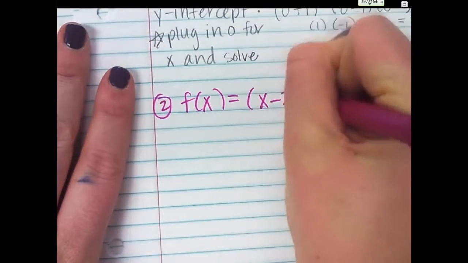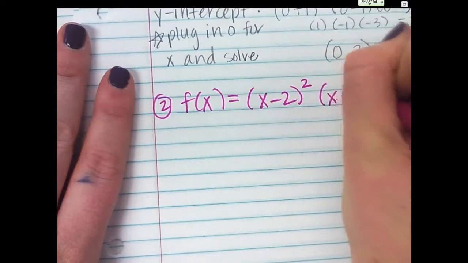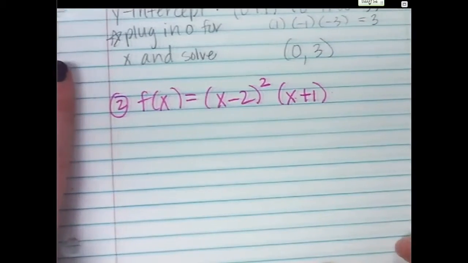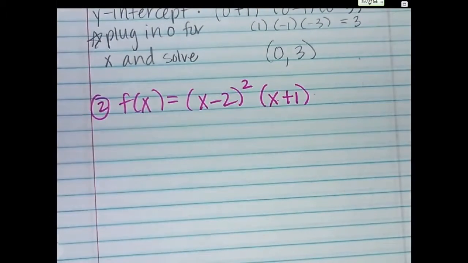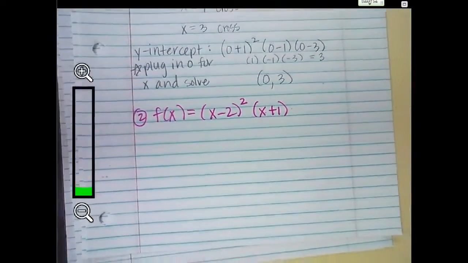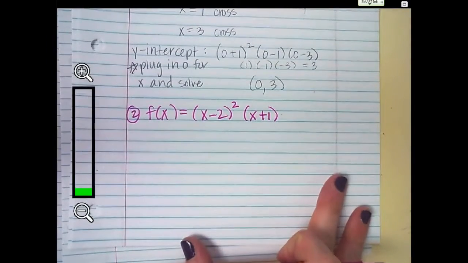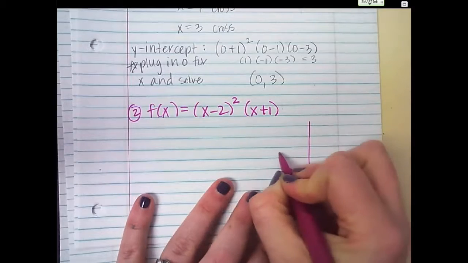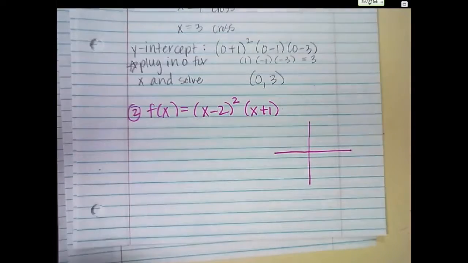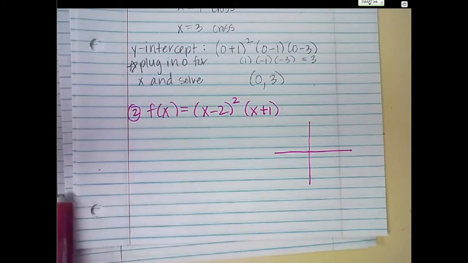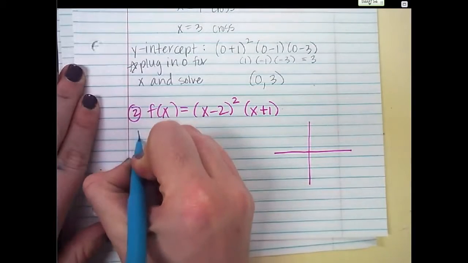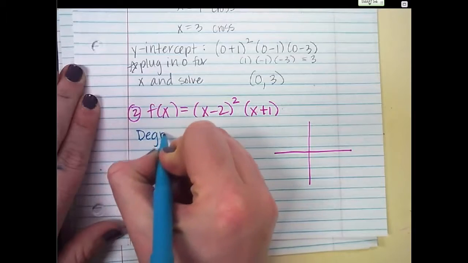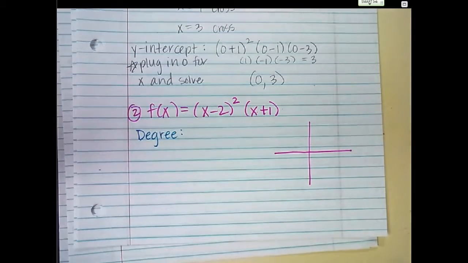(x minus 2) squared times (x plus 1). I'll make my xy axis, so we're ready for that. So start with the degree.